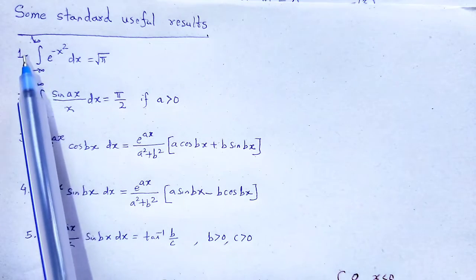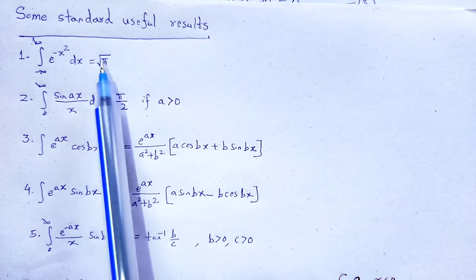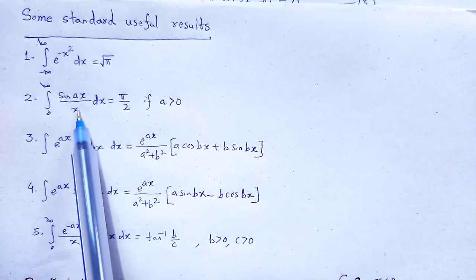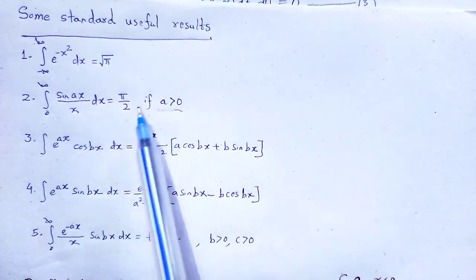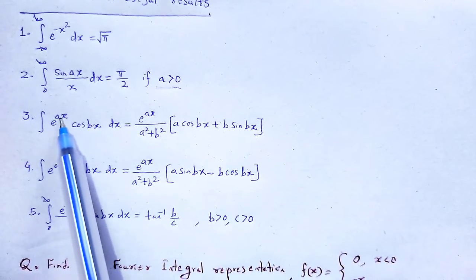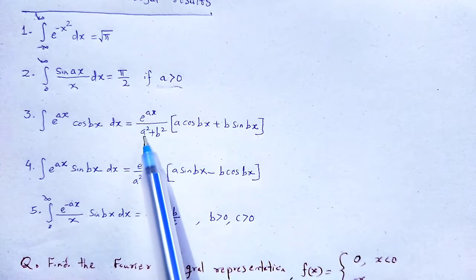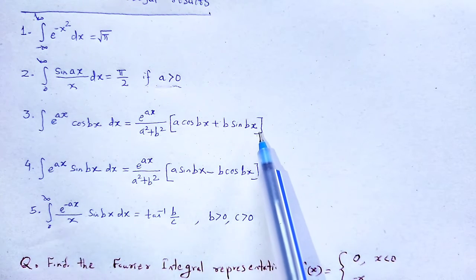Integration over minus infinity to plus infinity of e to the power minus x square dx is equal to under root of pi. Integration over 0 to infinity of sin ax divided by x dx is equal to pi by 2, provided that a is greater than 0, a is positive. Next, integration of e to the power x cos bx dx is equal to e to the power x divided by a square plus b square, whole into a cos bx plus b sin bx.